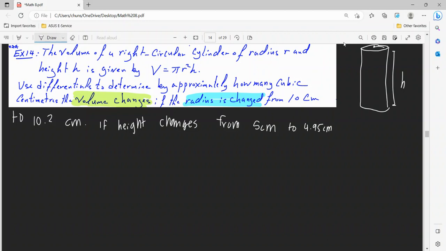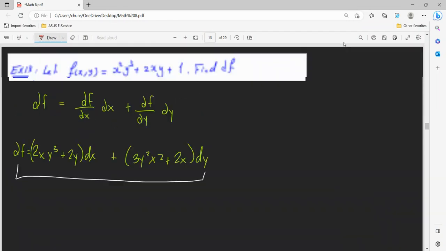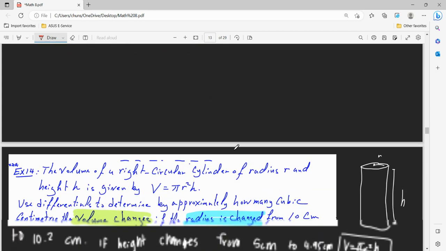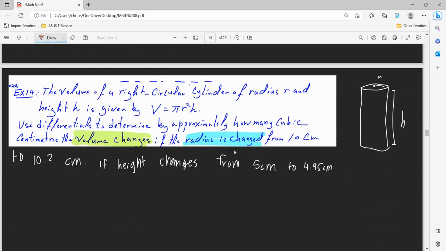So our approach to this question is very similar to the one above, but instead of using these terms here, these are going to be replaced with our delta x and delta y variables. So let's just solve for those first. So delta x is equal to our final minus our initial. Let's start with radius first.